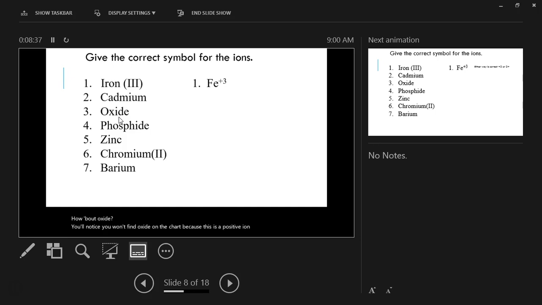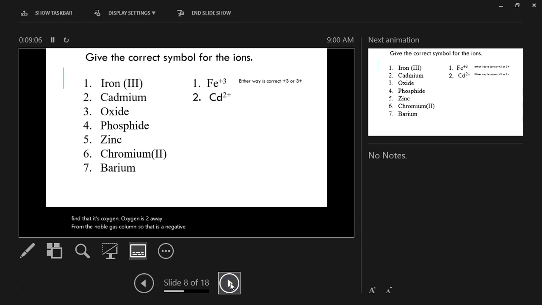When something ends in "ide," it is the second thing in your formula and indicates a negative ion, and that changes its last name. So go look on the chart for the word closest to oxide, and you'll find oxygen. Oxygen is 2 away from the noble gas column, so that is a -2.